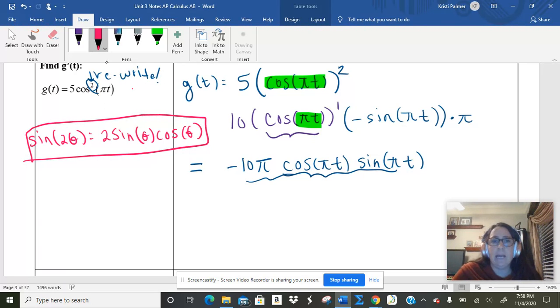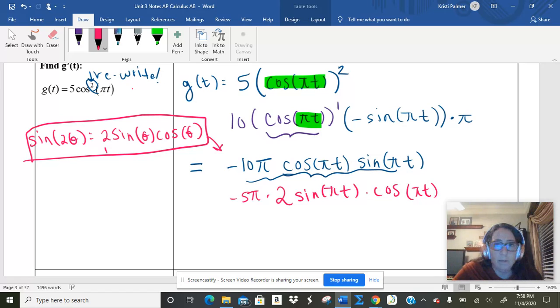And I want to use that rule here to see if I can simplify this to just a sine function. So basically, that would be 2, so -5 pi times 2, because I need the 2, sine of the pi t times cosine of the pi t. So instead of theta, I have pi t.